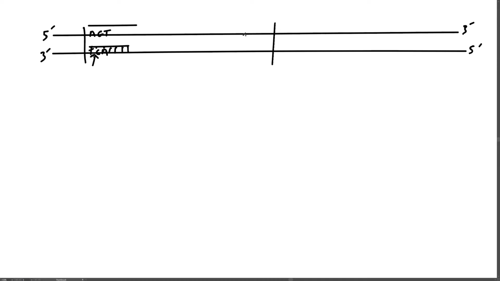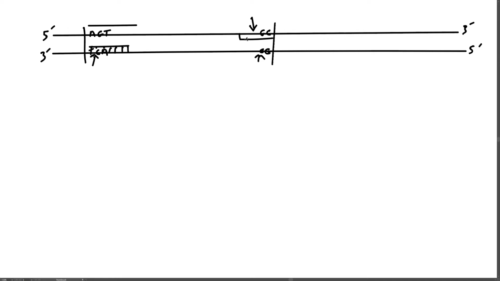And then you need a second primer that is here, and it has to bind to this top strand. And that's easy to design too because it has to be identical to this bottom strand. So if this is a C up here, this has to be a G. And if this is a G, this has to be a C, and so on.